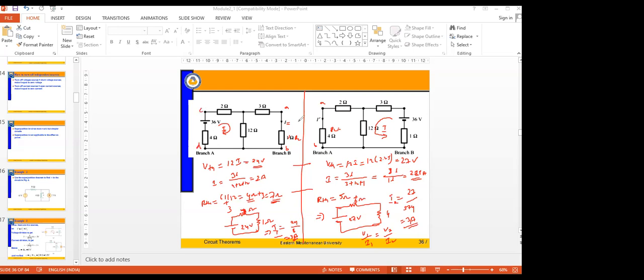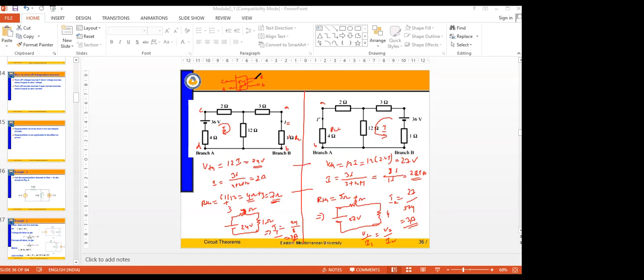C and D are called input terminals and A and B are termed output terminals. As a whole, I can call this network a two-port network, with two input terminals and two output terminals. For every two-port network, we can define whether the circuit is reciprocal or not by using these conditions.